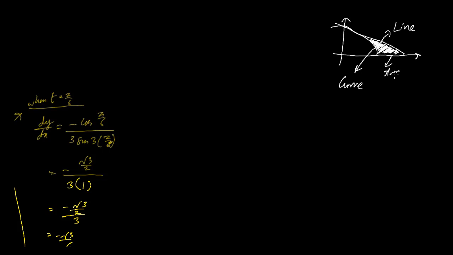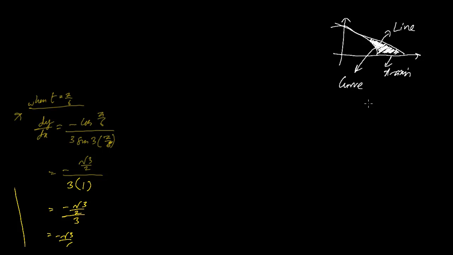In C2, this is called a type 3 sum, where you have to find the region bounded by three things: the curve, a line, and the x-axis.